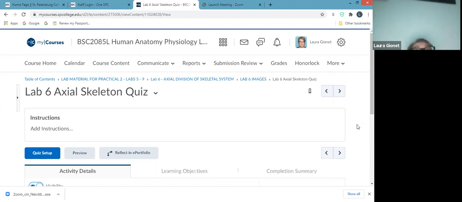I may or may not load up that Zoom like I did last week, because last week we looked at histology and that worked out pretty well, being able to use a Zoom camera to look at the slides I was putting on the microscope and broadcasting to the front of the room. But it is kind of hard to walk around with the laptop and that goofy camera and look at different bones.